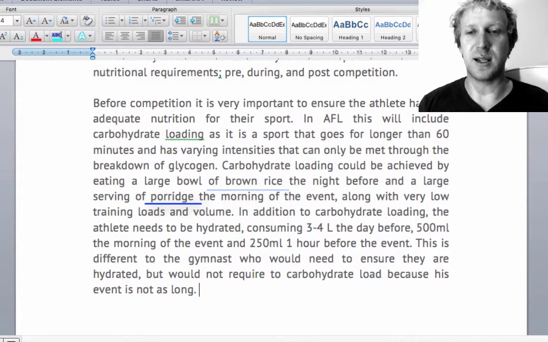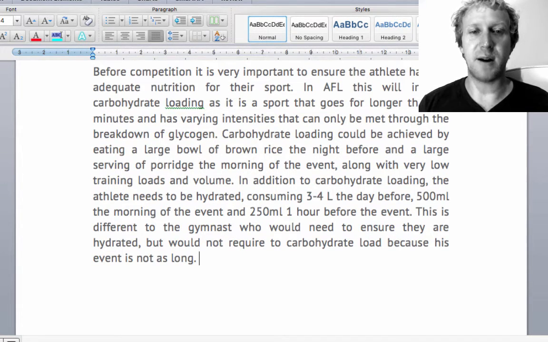And I've also said that they need to make sure that they are hydrated and mention specific measurements for what they might drink beforehand. I've then said that this is different to the gymnast, so that comparison, who does not need to do the carb loading but still needs to make sure that he's hydrated. Okay, so I'll now go on to my next paragraph.